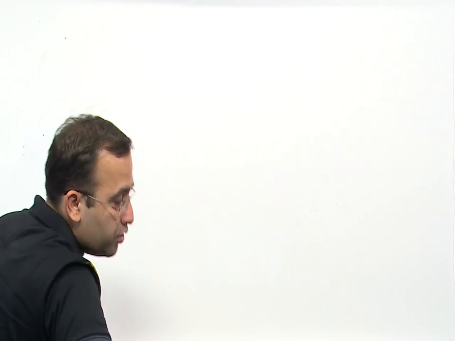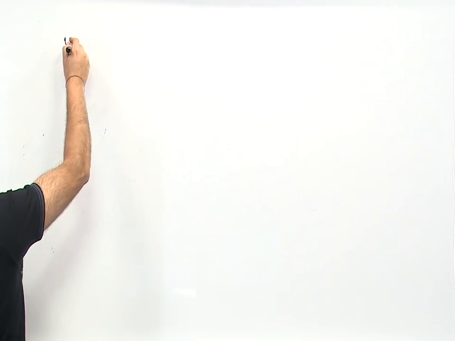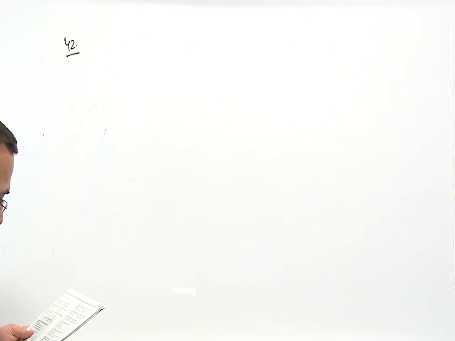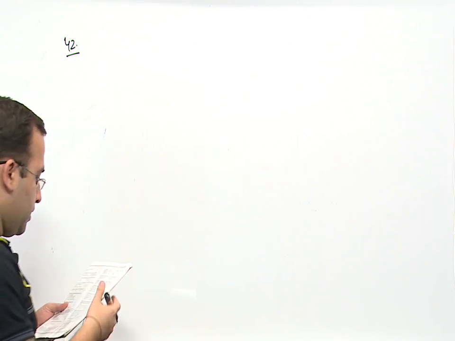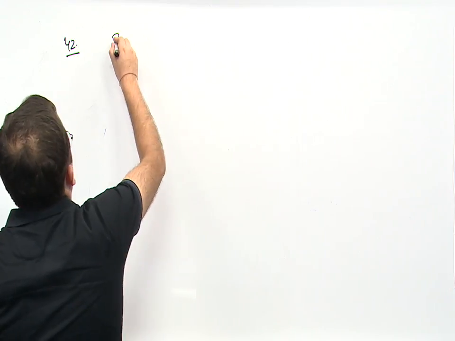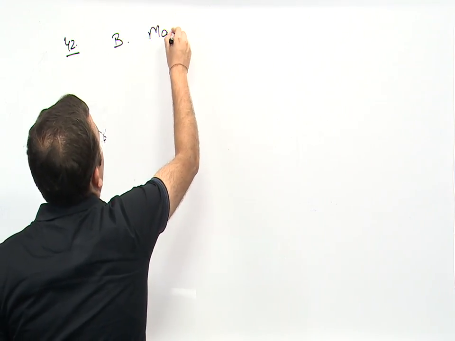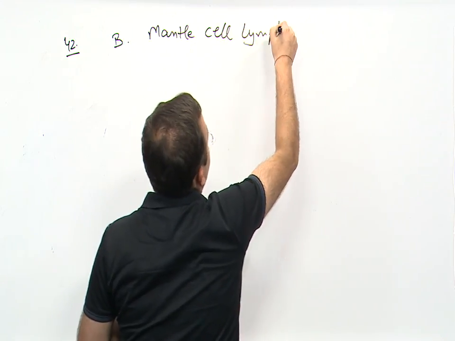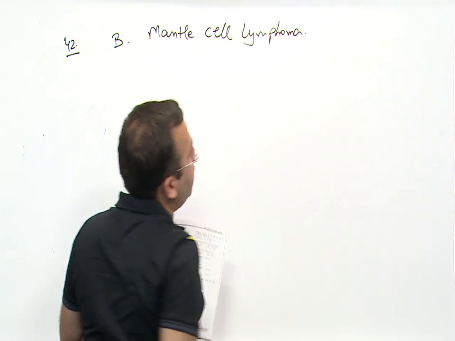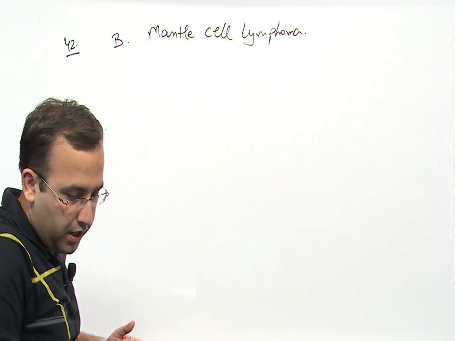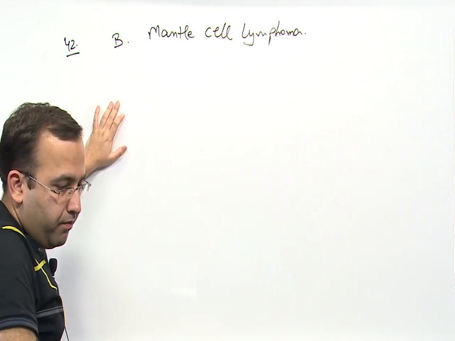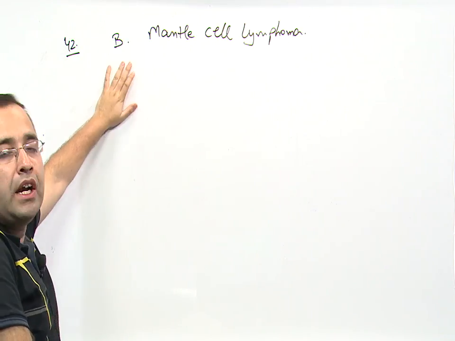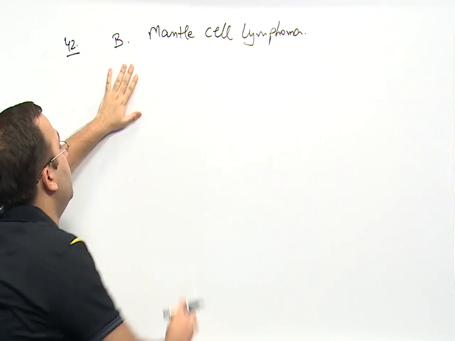Next, question 42. Lymphomatoid polyposis. It is a characteristic feature of mantle cell lymphoma. So, starting with mantle cell lymphoma.